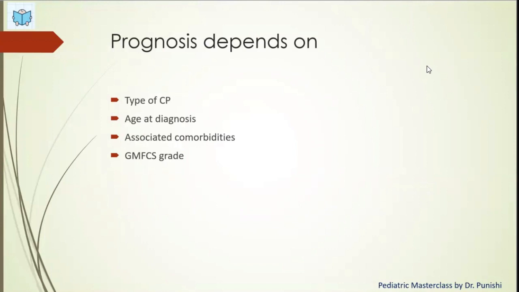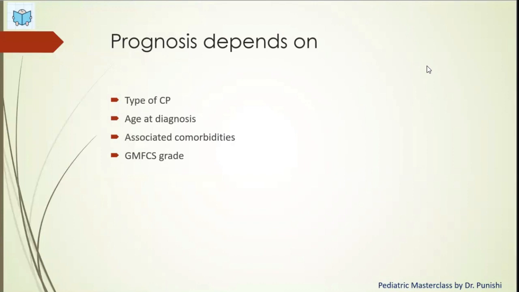Again, this is a commonly asked question: if you have a case of spastic hemiplegia versus spastic diplegia versus spastic quadriplegia, which one do you think has the worst prognosis? Obviously the spastic quadriplegia, because it has more multifocal cortical involvement and more associated intellectual disability. Spastic quadriplegia is going to have poorer prognosis as compared to spastic hemiplegia or spastic diplegia.